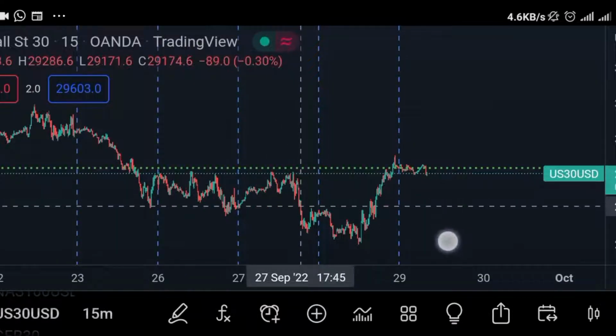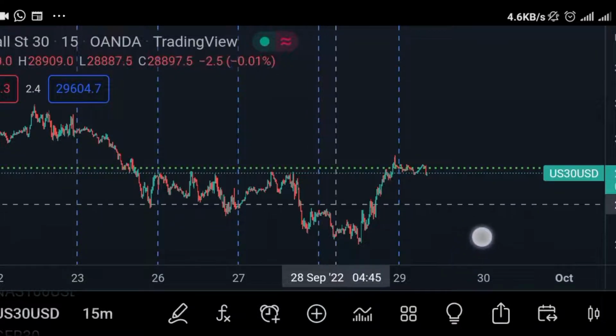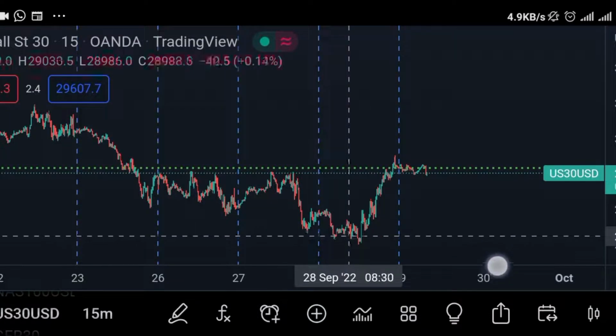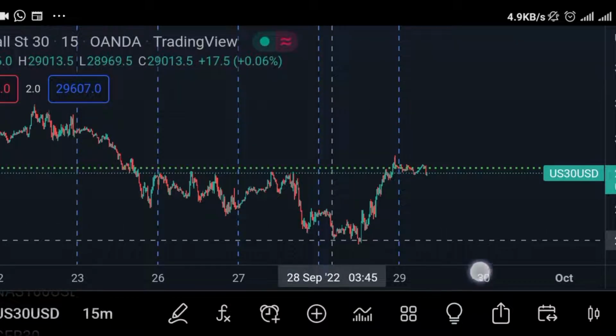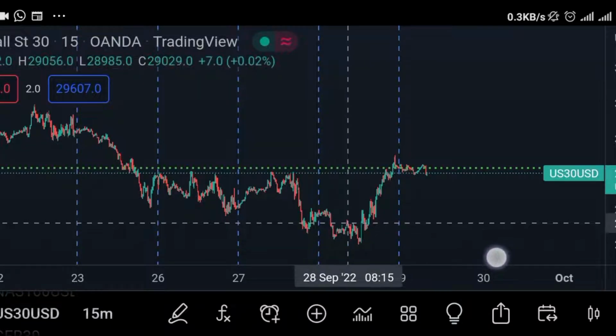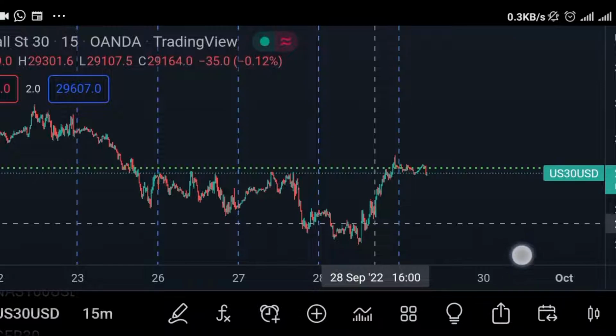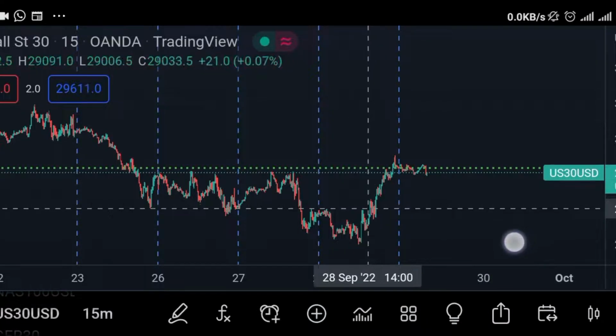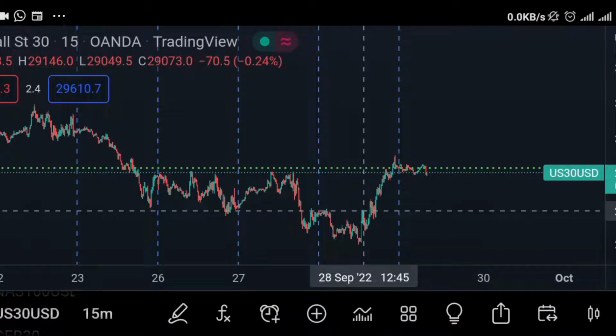Then it broke below to make a lower low, a lower high, a lower low. Price was expected to make a lower high like this one, a lower low, then a lower high, not a higher high here. So from that we already knew that what has been happening for the past few days or hours is now invalid.